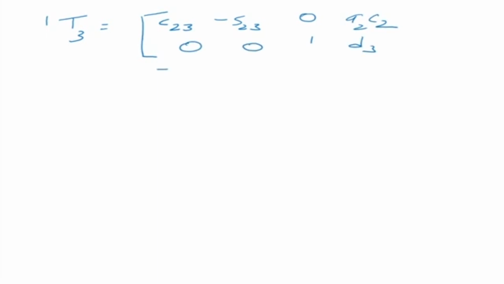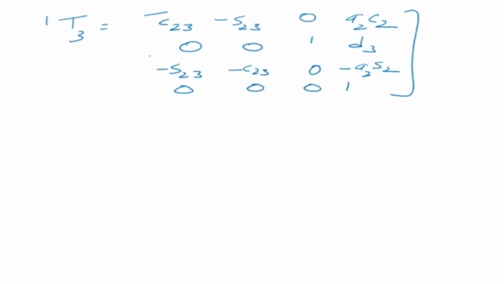Then we have minus sine 2 3, minus cos 2 3. This is 0. This is minus A2 S2, 0 0 0 1. Now this is my T1 to 3. So what are the variables here? It is theta 2 and theta 3.